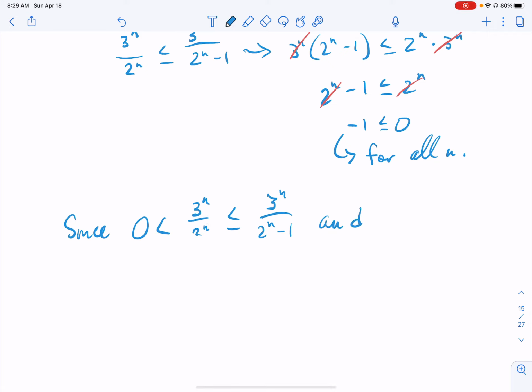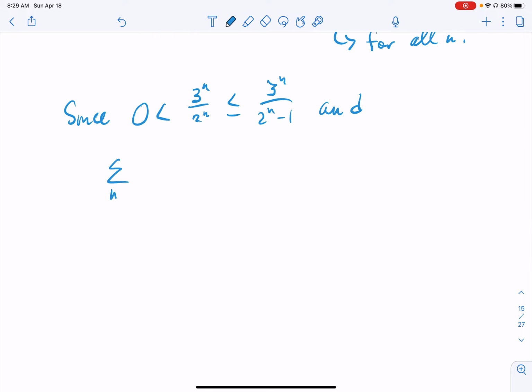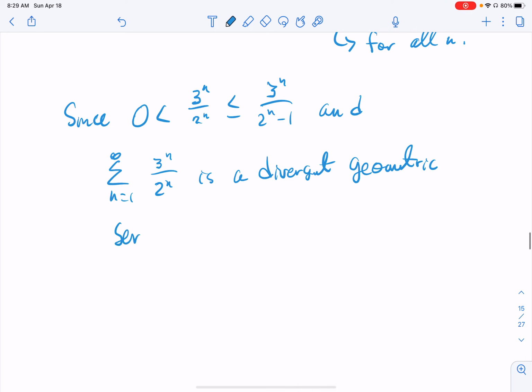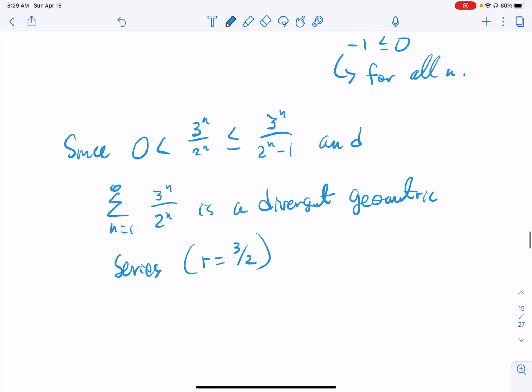We just need to say that it's divergent. And the sum from n equals 1 to infinity of 3 to the n over 2 to the n is a divergent geometric series. So let's just go ahead and say that our r is equal to 3/2. So they know that we know that this is a divergent geometric series because the common ratio is greater than 1.